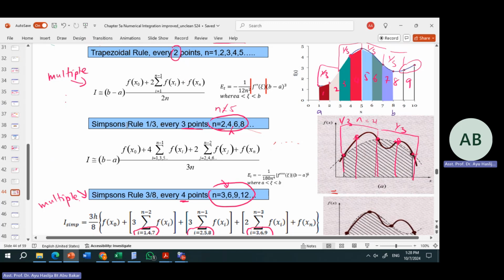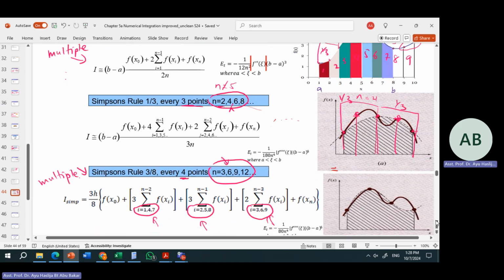Whereas with trapezoidal, for each segment you can use the trapezoidal rule. And it also depends on the original function as well.